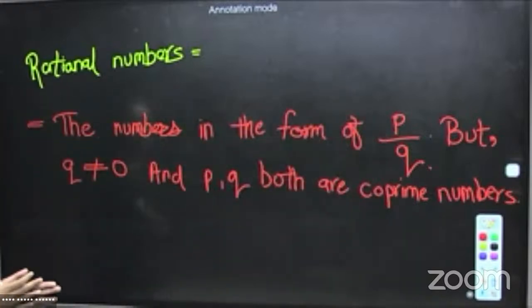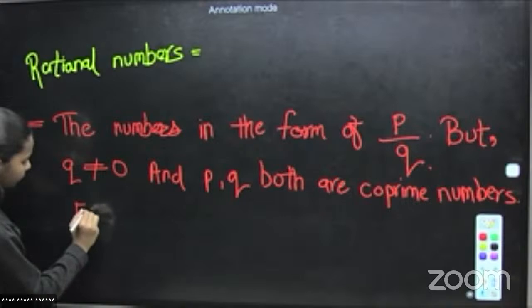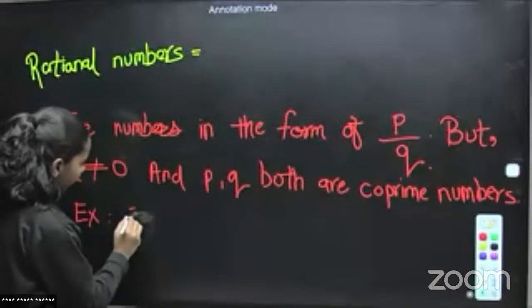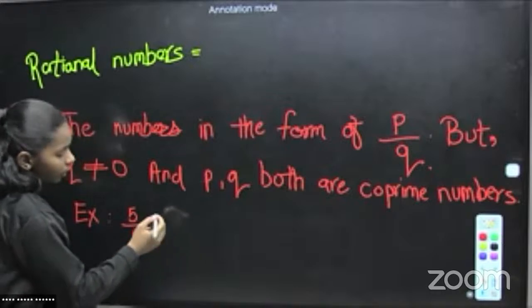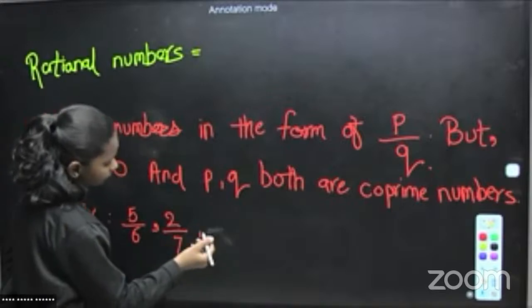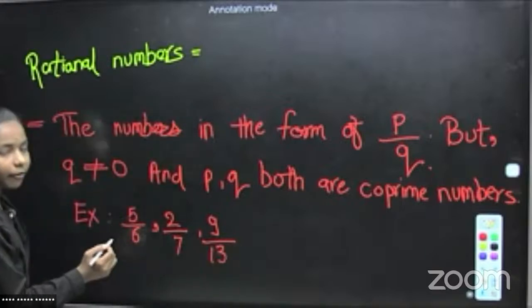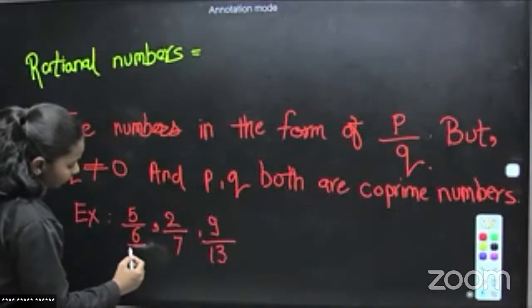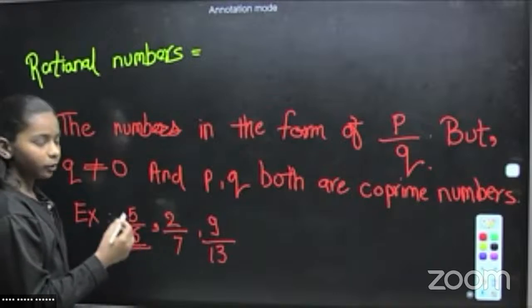So write this definition first. See the example. The examples are 5 upon 6, 2 upon 7, 9 upon 13. See, 5 upon 6: 5 and 6 are co-prime numbers, and Q is not 0, it's 6.